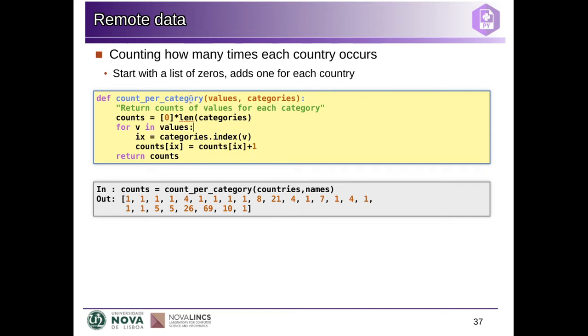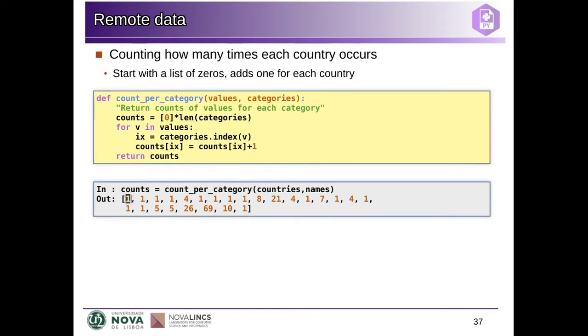And now for each of the values, we're going to see which category it belongs to, and we're going to increase the corresponding counter. So to check which category it belongs to, we can use the index method in the categories list to see what is the position of that value in that list, and then we increase the corresponding counter.